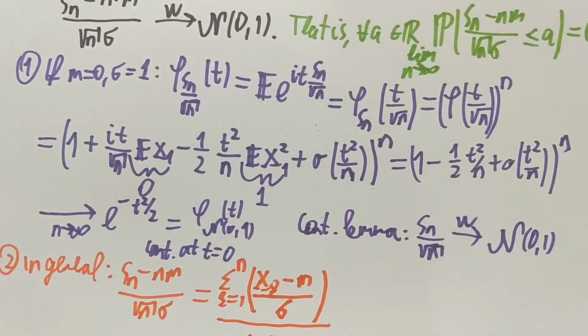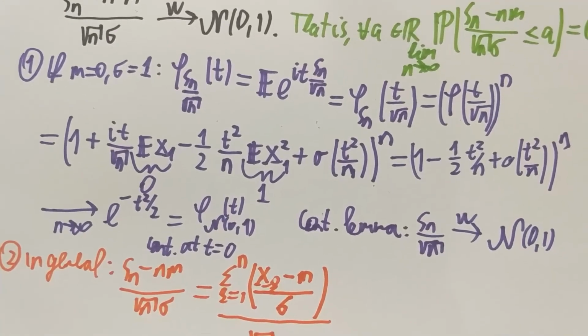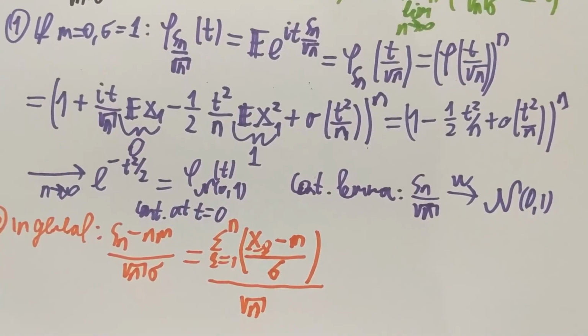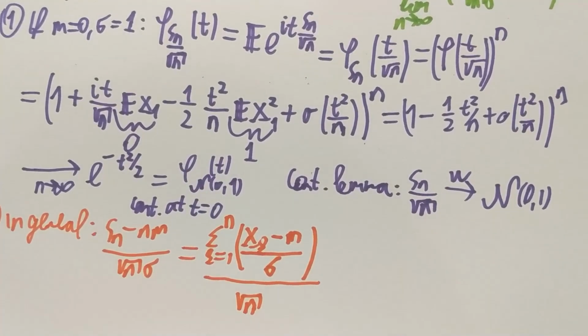The minus m summed up gives me the minus nm, the sum of the X's is there, and the sigma factor is just going in and out of the summation. And what's the point?